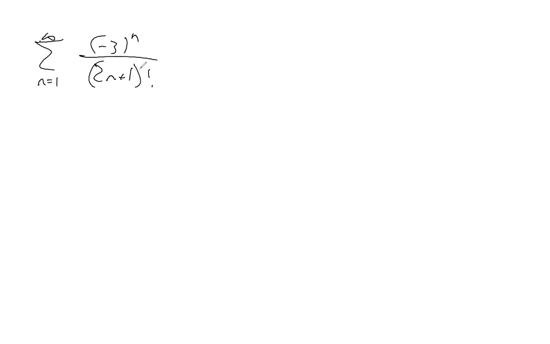So let's try the ratio test again on this. And again, the instructions are the same. We're just testing whether it's convergent or divergent, but we're going to do it by the ratio test, which will tell us whether something's absolutely convergent or divergent. And then we're going to use the fact that it's absolutely convergent to conclude it's convergent.